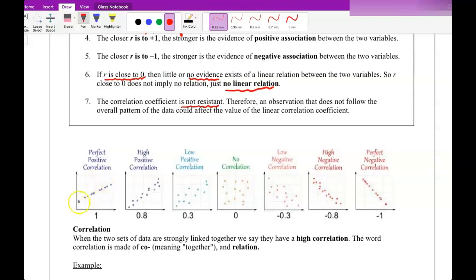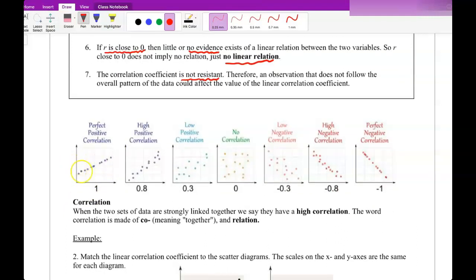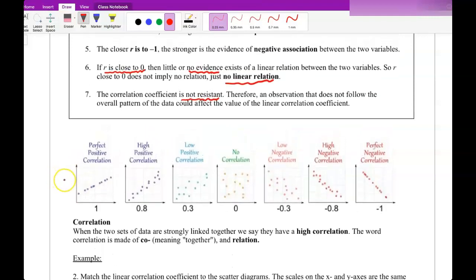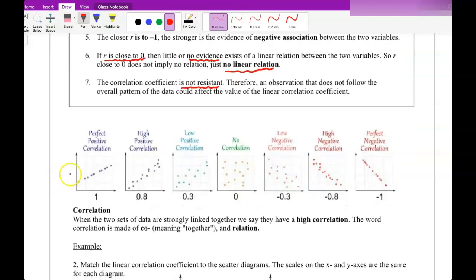We can have a straight line here, and the slope is positive. This is 100% positive association. And here on the right we have -1, so this is 100% negative association.